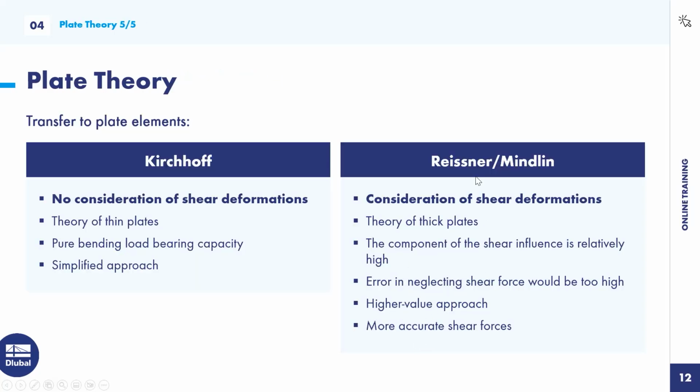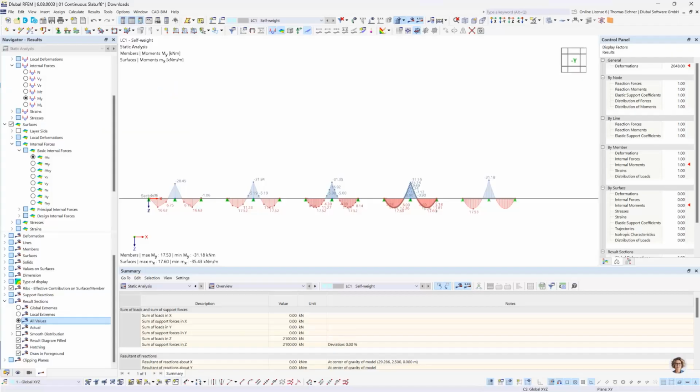So this is the more accurate and better approach. There's Reisner-Mindlin theory, just stay with it. But it could be that you need the Kirchhoff or some comparison to a Kirchhoff plate theory for your exams or whatsoever. So I will just show you something in the program.